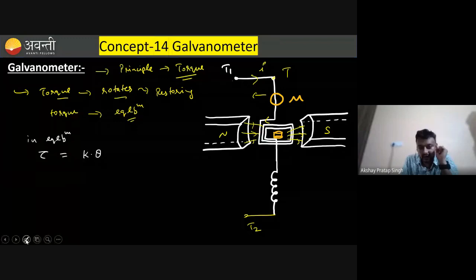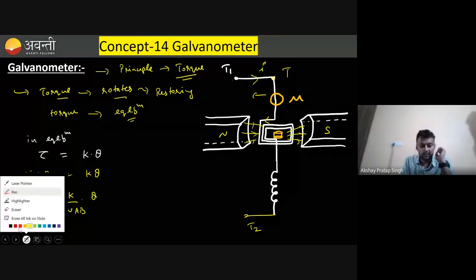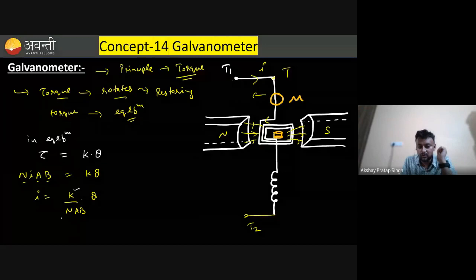You can see that in this whole term, k is the torsional constant, N is the number of turns in the coil, A is the area, and B is the magnetic field which is created by the north and south pole. These terms together are known as the galvanometer constant.